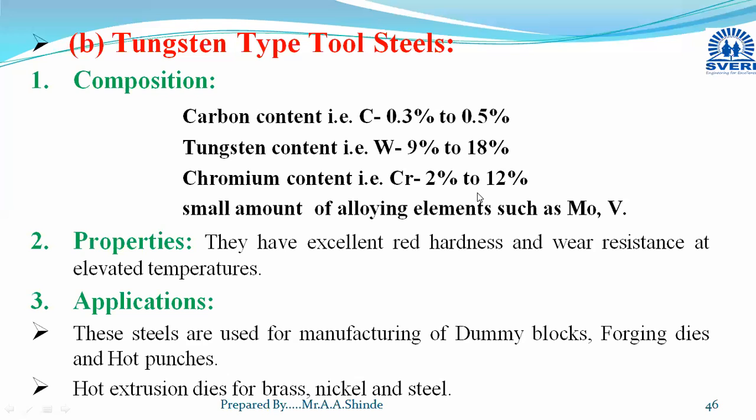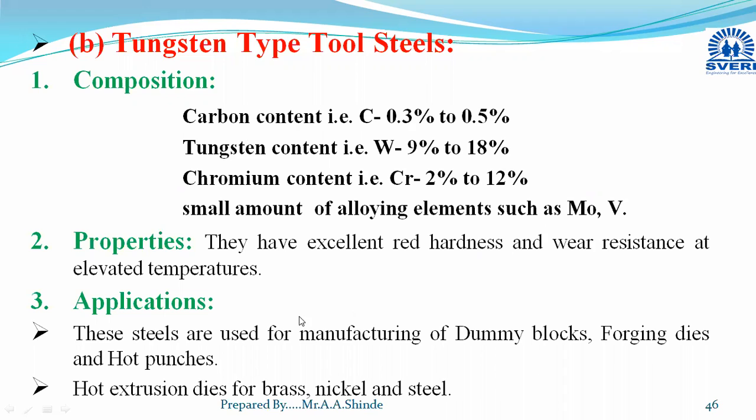Related to their properties, as here we are having tungsten in very large amount, these tool steels will provide excellent red hardness and excellent wear resistance even at elevated temperatures. These are the specific characteristics of these tungsten type tool steels.